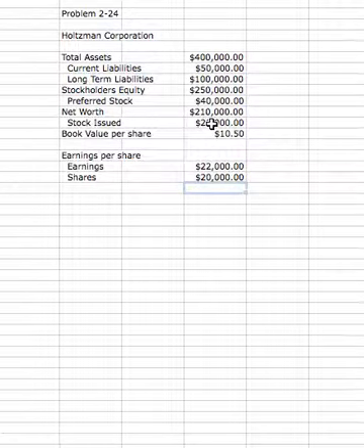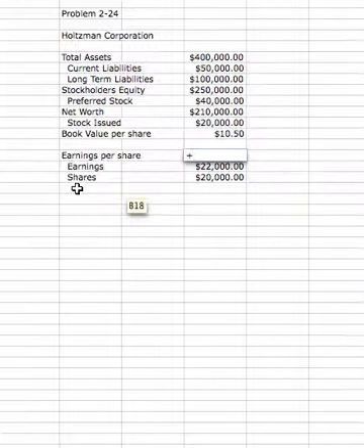These should be just regular numbers. Sorry about that, but at least you know that these are actual shares of stock, not dollars of value. The 20,000s that you see there. That gives us an earnings per share; we just divide the amount of earnings by the number of shares, and we get our earnings per share of $1.10.